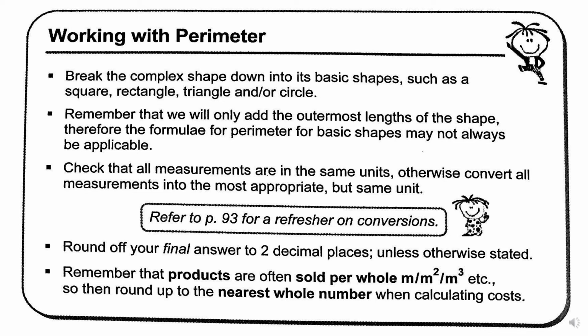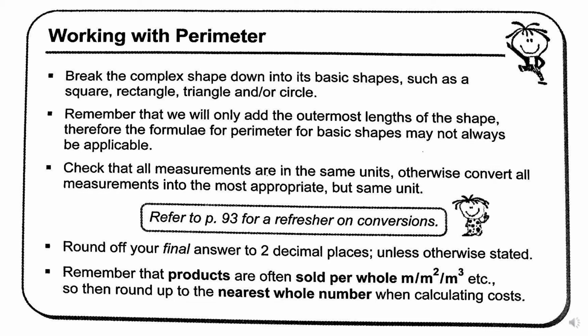Very, very important: make sure that all the measurements are in the same units, for example millimeters or meters or centimeters. Otherwise, your answer will be very inaccurate. If they give you dimensions which are in different units, make sure to convert them all into the most appropriate unit, but the same unit.